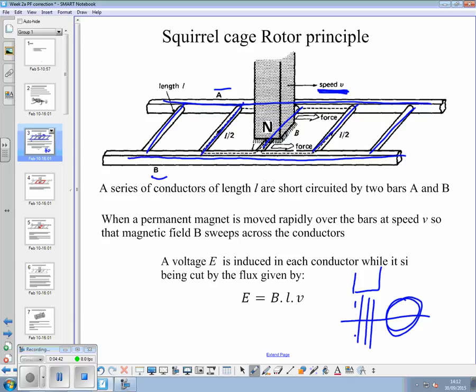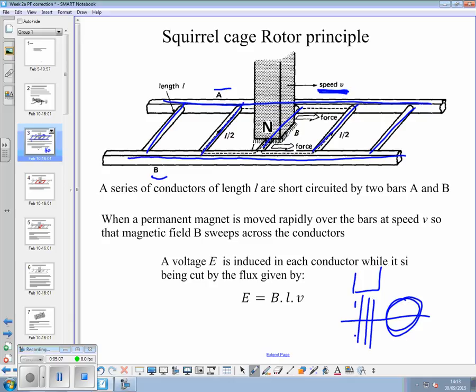Now, from basic science, you should know that if a conductor experiences a change in magnetic field, i.e. a magnetic field cutting across it, you will induce a voltage across the ends, and then because the ends of that conductor form a complete circuit, you will end up with a current.